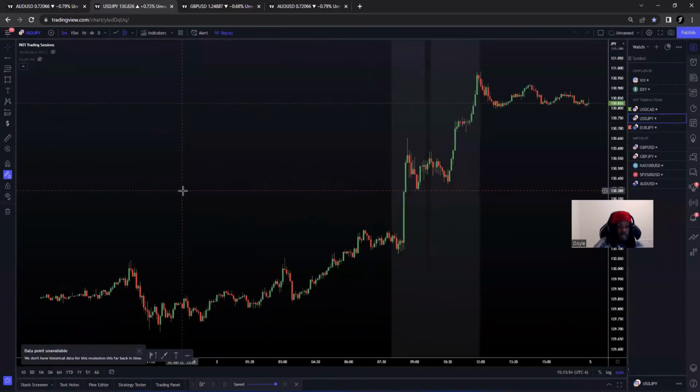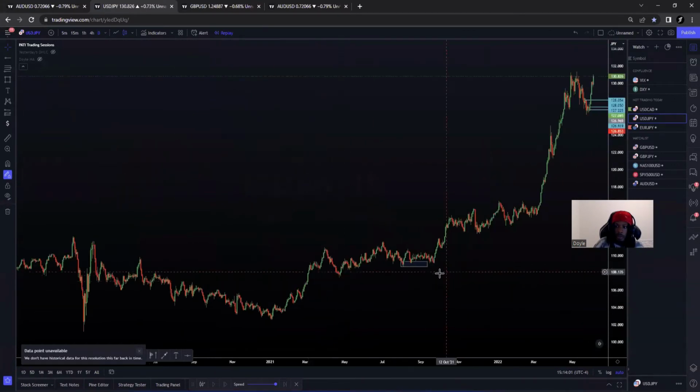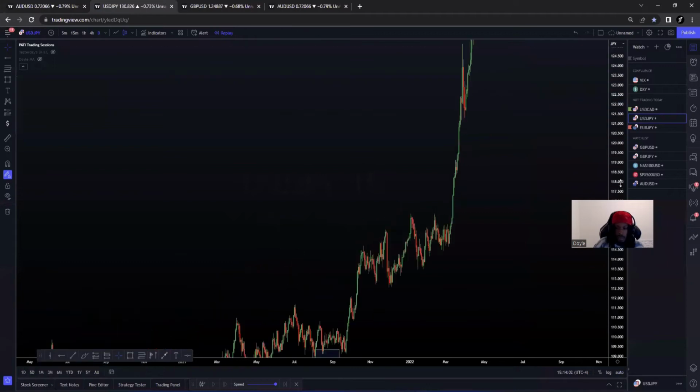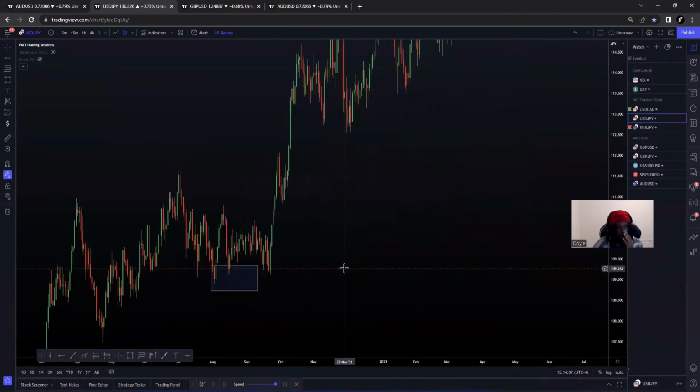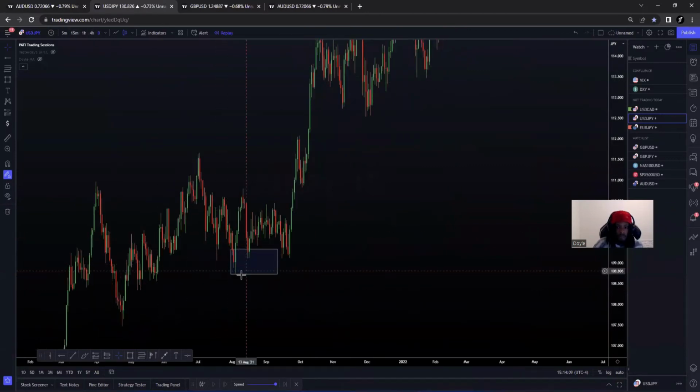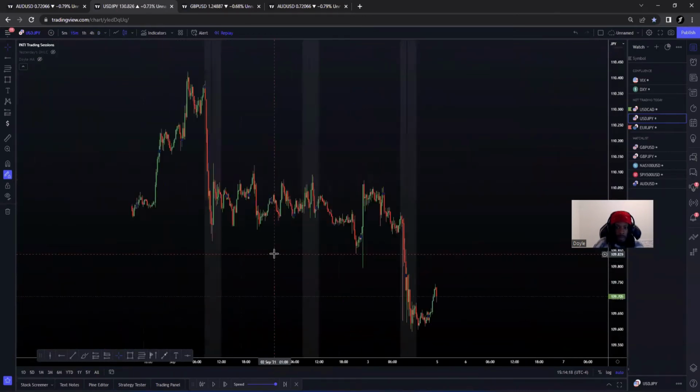Oh, man, I hate TradingView. What am I paying for? This is just stupid, bro. I can't even go back any further. I'm paying for TradingView and you don't even get all the data.